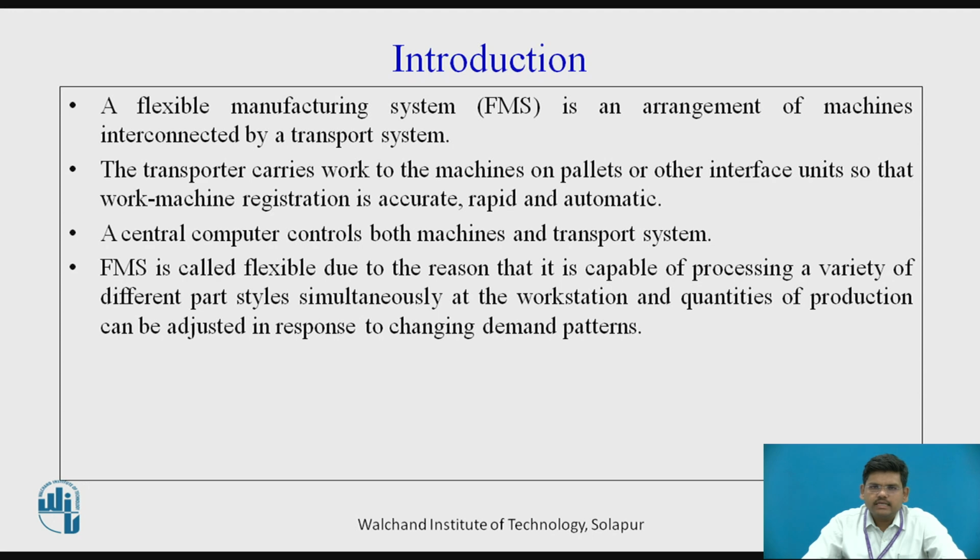Instead of being stuck to a certain type or pattern or number of jobs, whenever the demand increases, the production can be increased. Whenever there is a small change in some of the parameters of the particular product or the job being done, those can be easily adjusted when we are using a flexible manufacturing system.